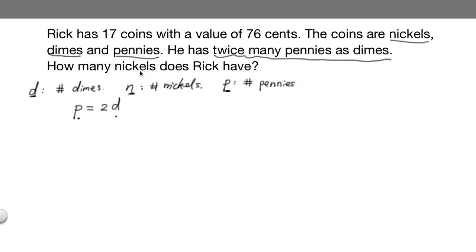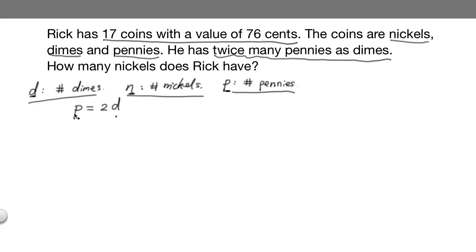And another relationship in the problem says there are 17 coins, and the total value is 76 cents. So what does that mean? We're going to add the value of each type of coin, the dimes, the nickels, and the pennies, and they add up to 76.